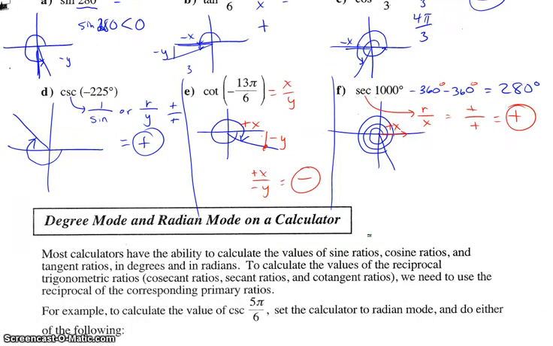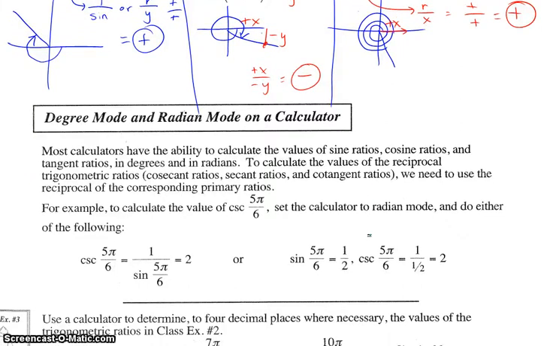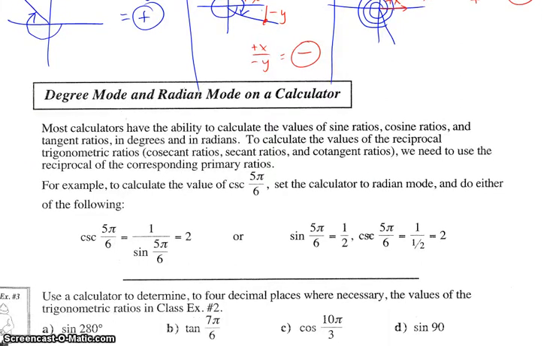All right, now you think you know how to use your calculator, but with these reciprocal trig functions, they can actually throw you a bit. So the idea is when you have cosecant, say, of something like 5 pi over 6, first of all, notice the angle. It's in radians, so make sure you're in radian mode. And if it's in degrees, be in degree mode. You're going to be switching back and forth all the time in this unit.